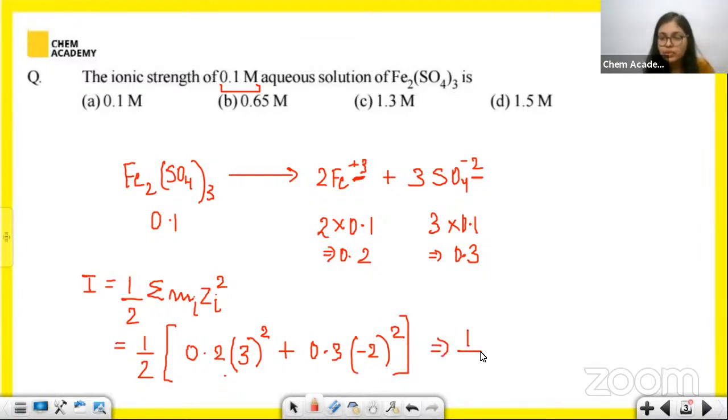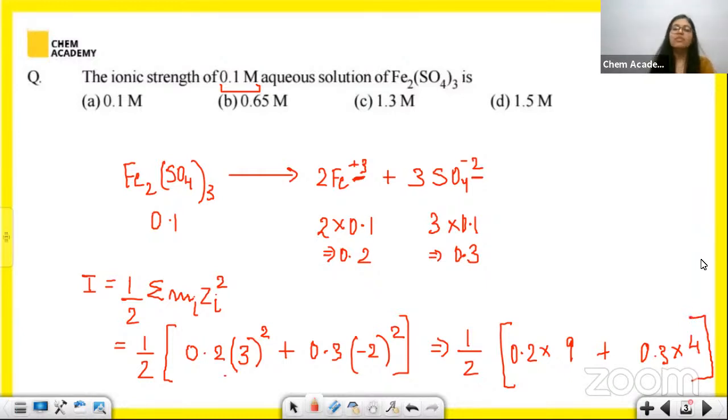Upon solving, we get 0.2 into 9 plus 0.3 into 4. Now quickly solve it and tell me what the final answer should be.